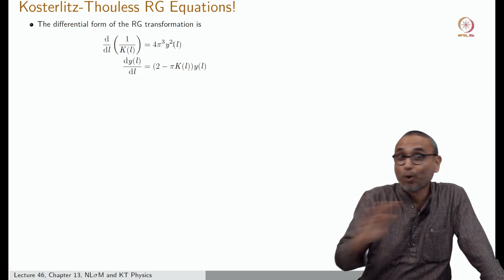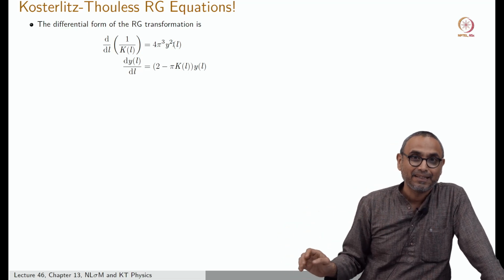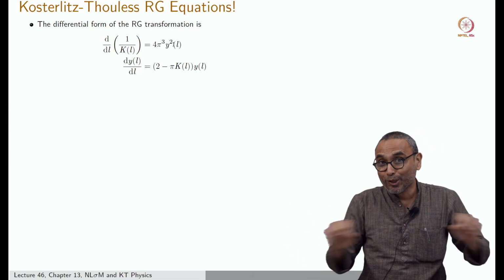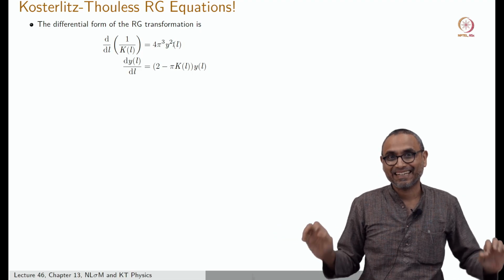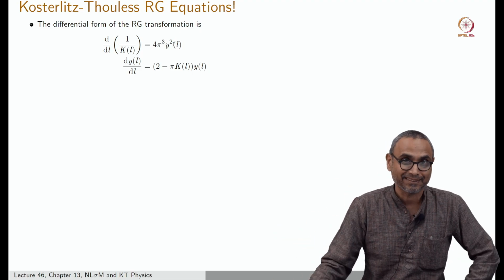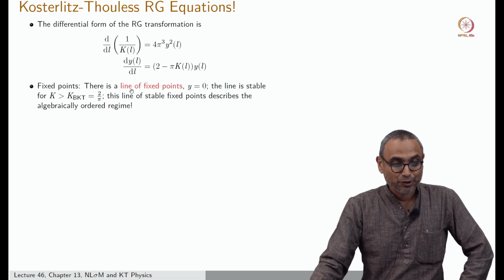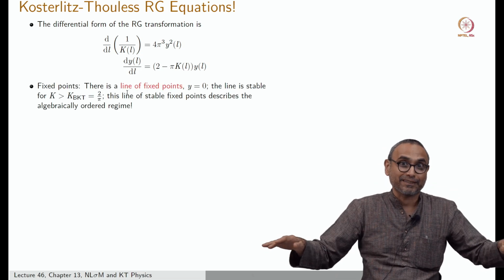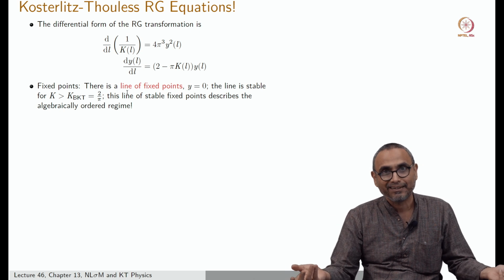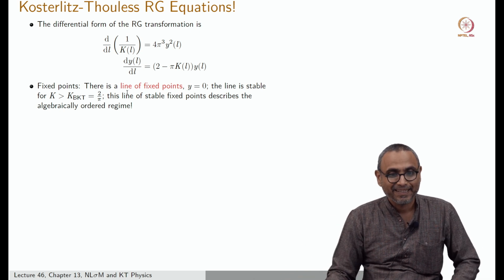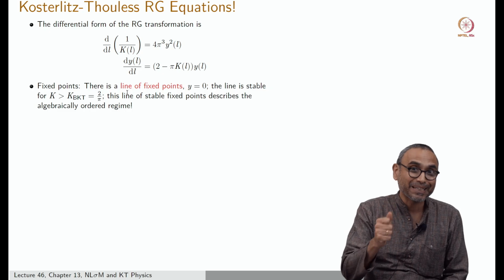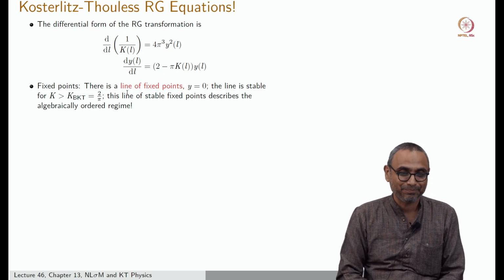That means I don't have vortices. So the statement is that the only fixed points are systems which don't have vortices. Okay. So there is a line of fixed points for any value of K. This is a fixed point, but remarkably something fantastic shows up.